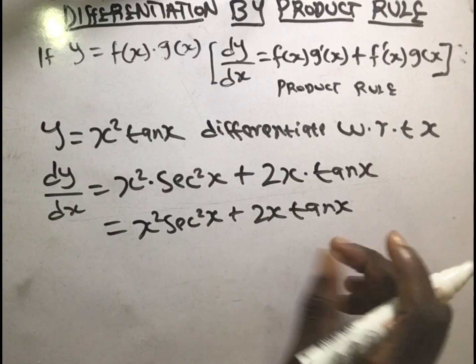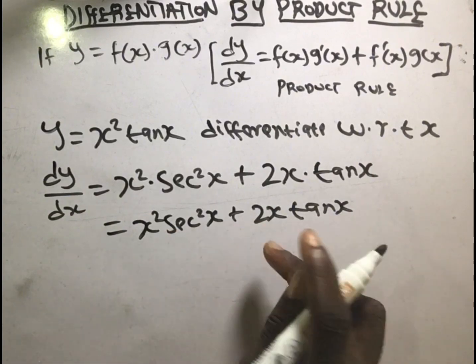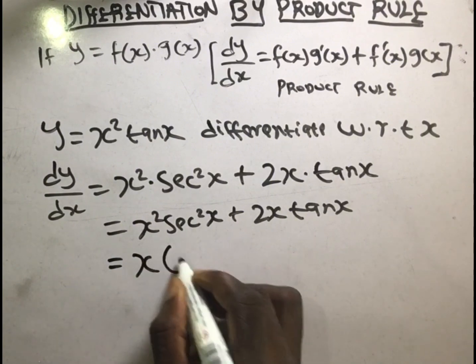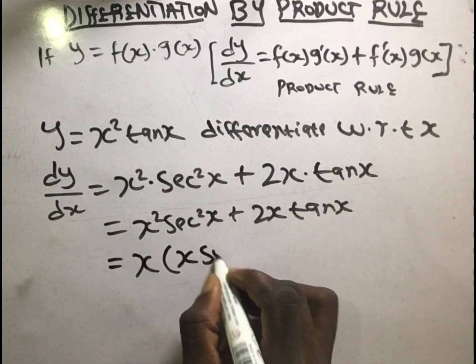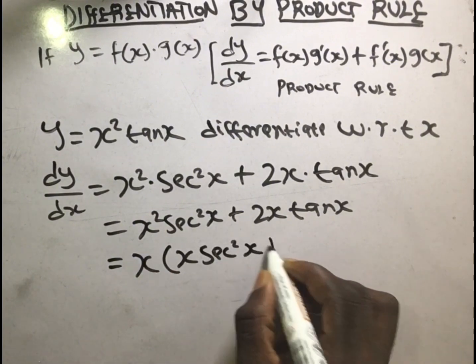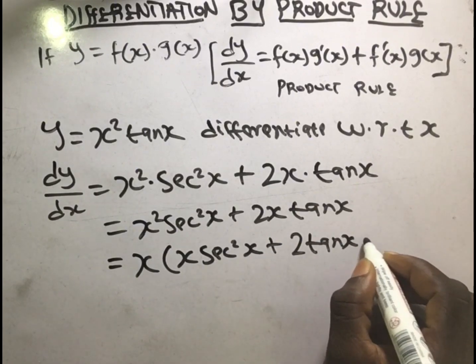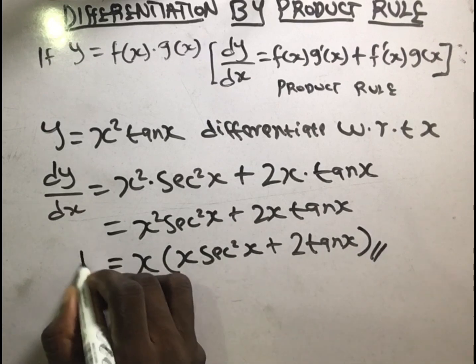But meanwhile, we have a common term in both of them. We have x here, we have x here, so we can bring x out, and we'll be left with x sec squared x plus 2 tan x, and this is our answer.